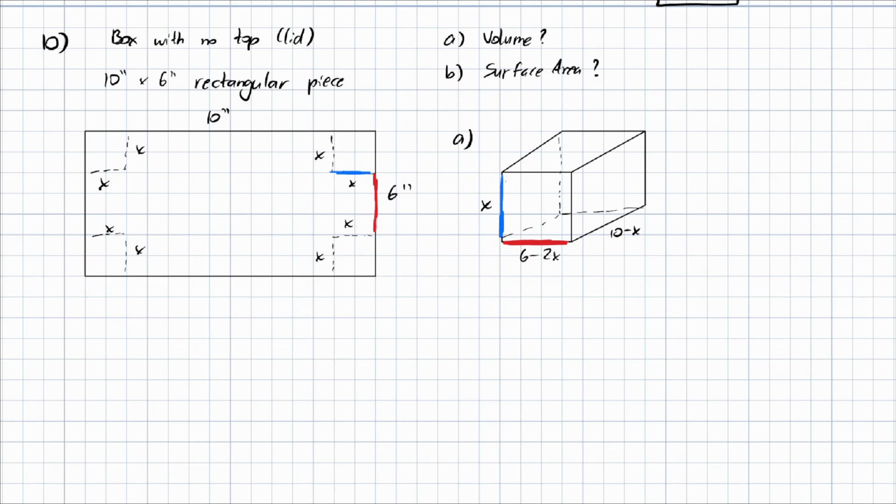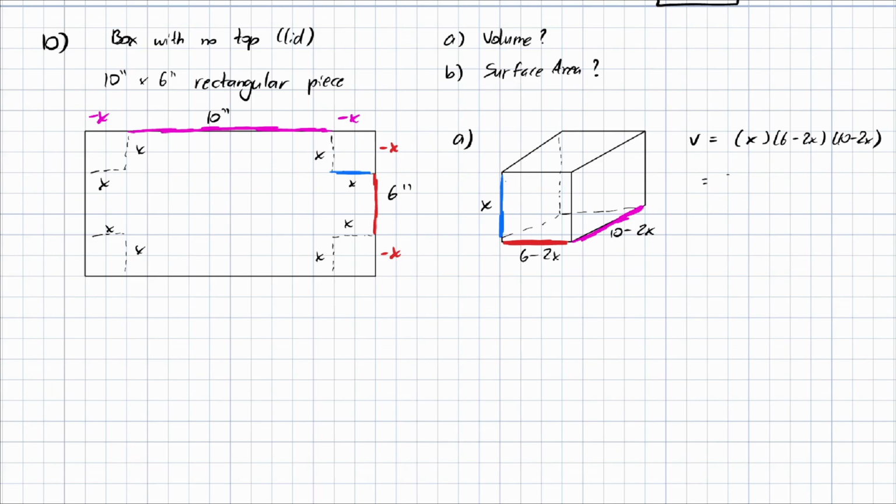And then you have your length, minus 2x again. That means your volume is x times 6 minus 2x, times 10 minus 2x.